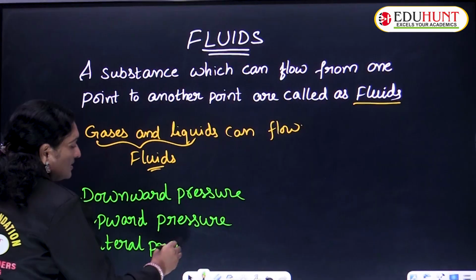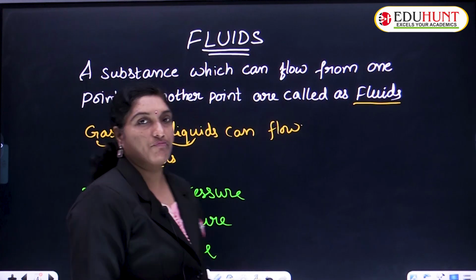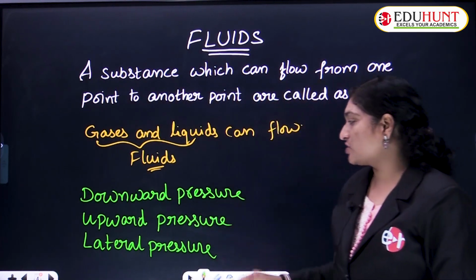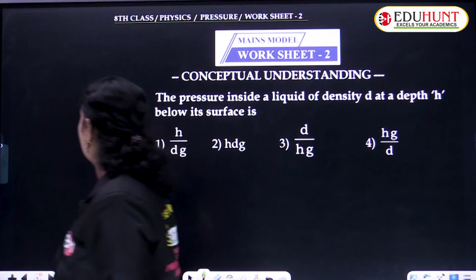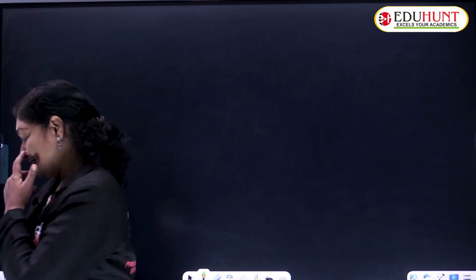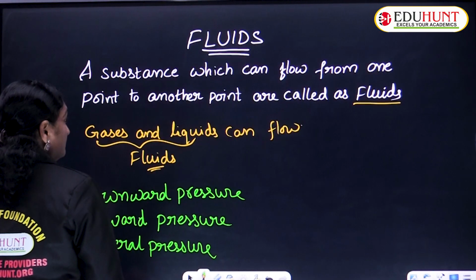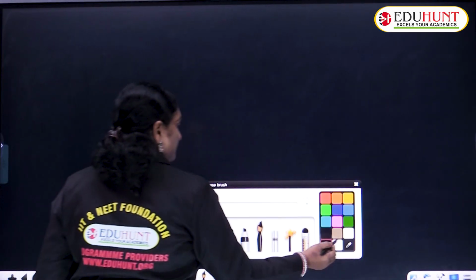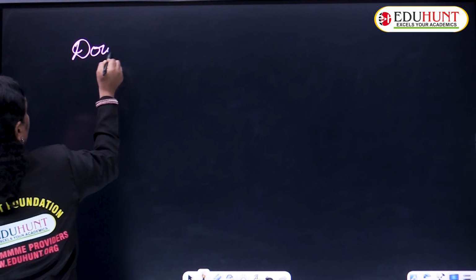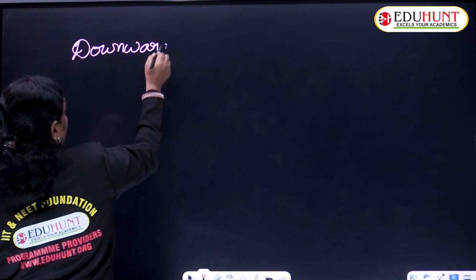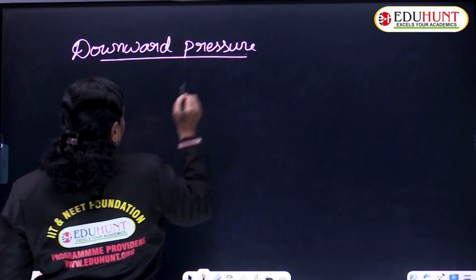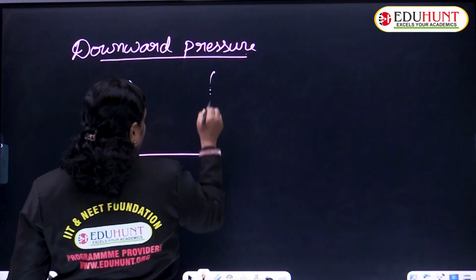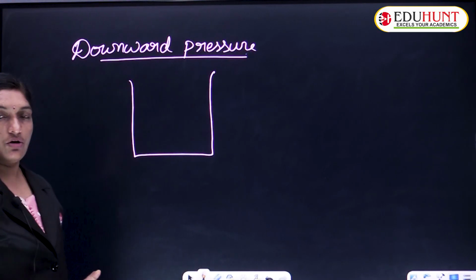So let us discuss in detail these three types of pressures: downward pressure, upward pressure as well as lateral pressure. First of all, moving to the downward pressure, let us consider some amount of fluid.